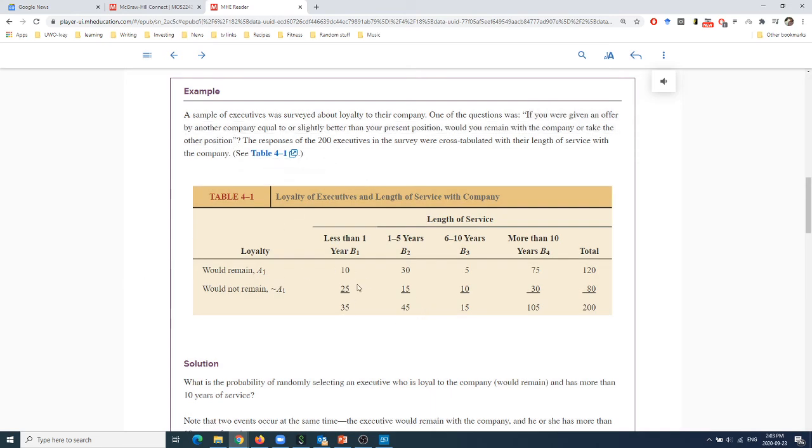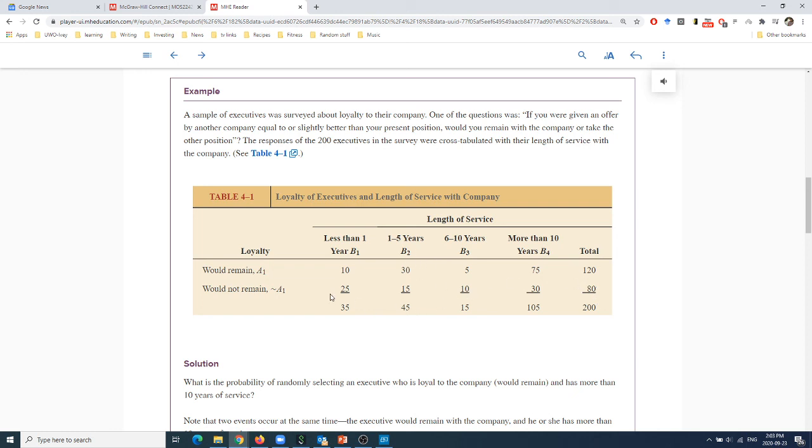This was the table, and they did the survey for different firms, a sample of executives. These were the responses. Across four different categories, some of them would remain, some of them would not remain. The probability of those who would remain is greater than the probability of those who would not.